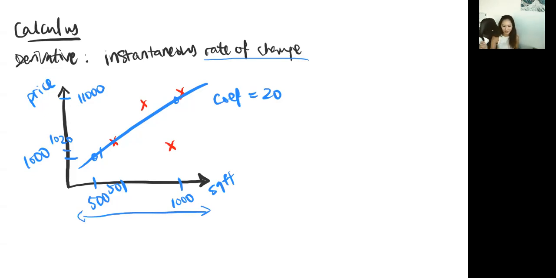No matter what range of square footage we're looking at, whether it's around 500 square foot, or maybe 20,000 square foot, every time you increase by 1, the price will always go up by $20. So in our linear regression, we had a constant instantaneous rate of change of 20.